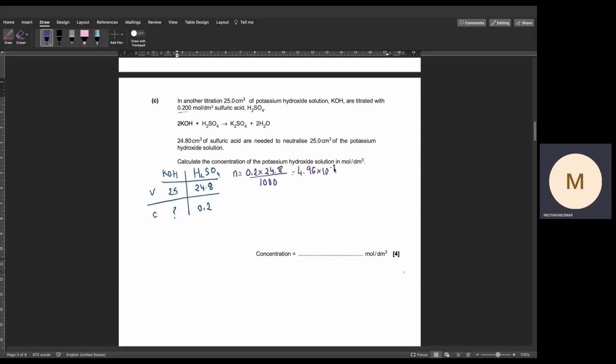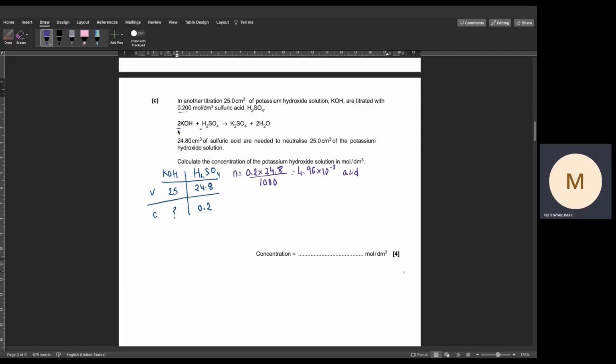This gives us 4.96 times 10 to the minus 3, and this is the number of moles of acid. In order for us to work out the concentration of base, we need to first work out the number of moles of base. Now, we can use our molar ratio to work out the number of moles of base.